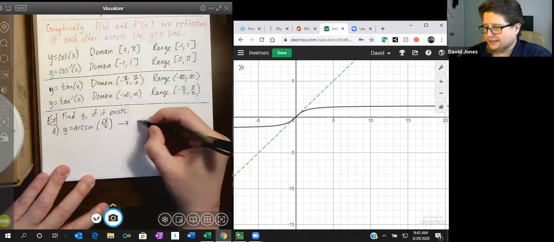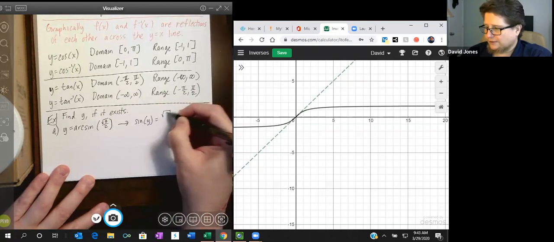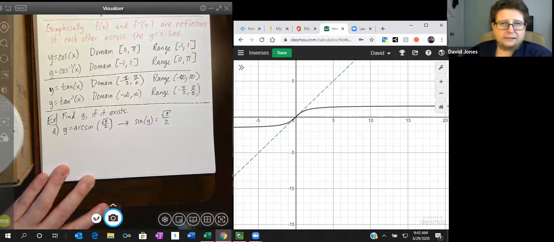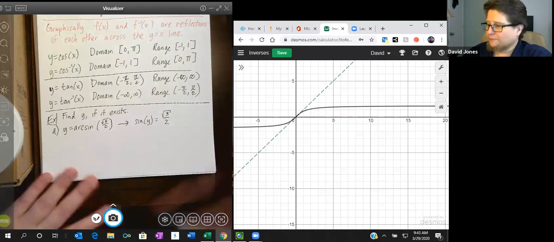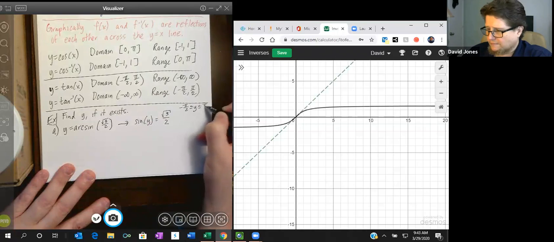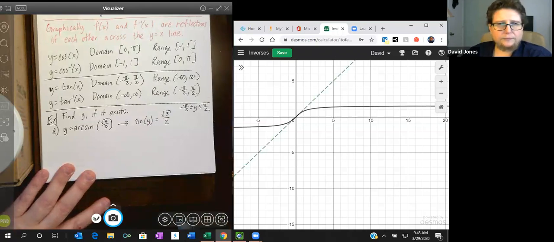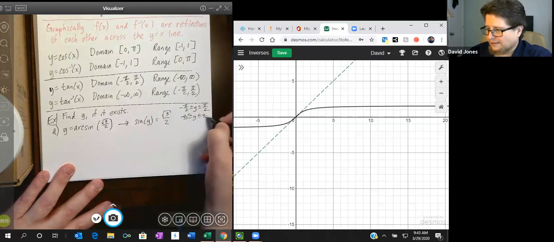This says the sine of y equals root 3 over 2. Where does sine equal root 3 over 2 between negative pi over 2 and pi over 2, or negative 90 degrees to 90 degrees?